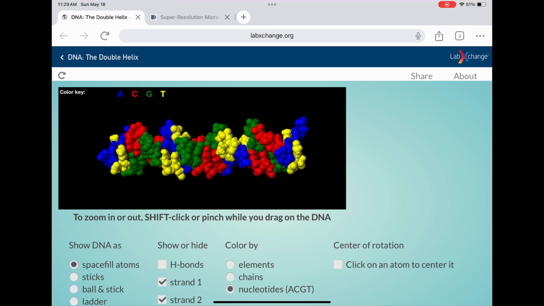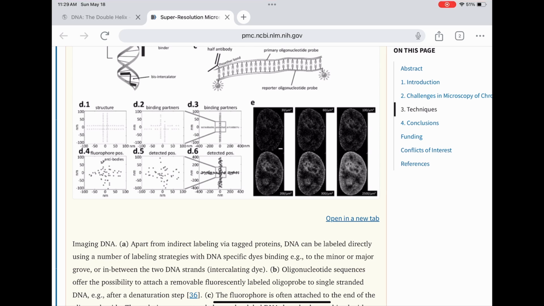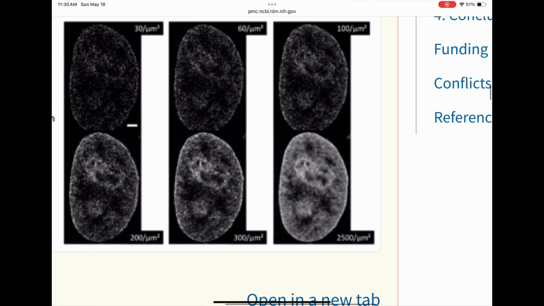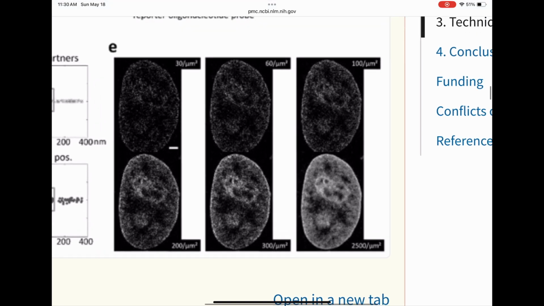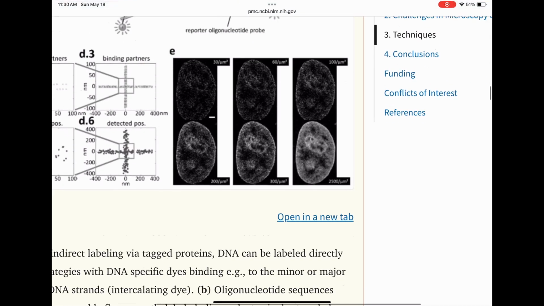Also, you could look at real-life images of what DNA could look like. Here in figure E, we can see at different scales, so 200 micrometers squared, 300 to 2500, you can really see where the DNA is condensed in the darker areas versus the more open area where DNA is less condensed.